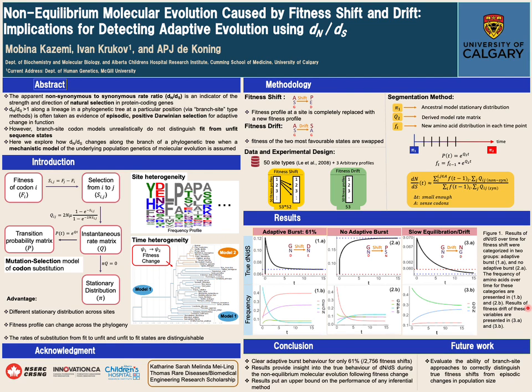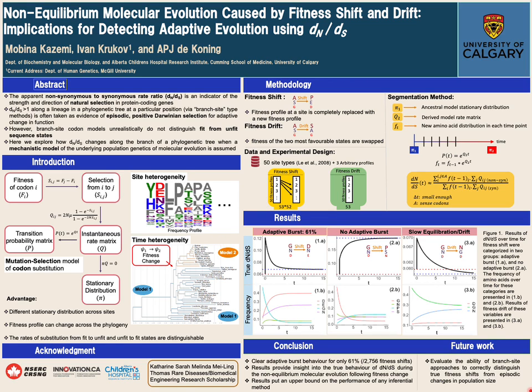For example, the first panel shows a fitness shift from GND to DNE, and sequences become out of equilibrium with respect to the underlying model, which is typically believed to cause an adaptive burst of non-synonymous substitutions, rapidly driving the implied population from having favorable states under the initial model to having favorable states under the derived model. So it causes an adaptive burst in dN/dS, shown in this figure.